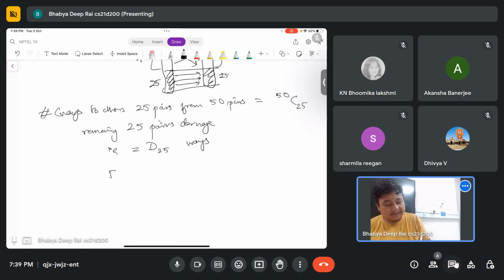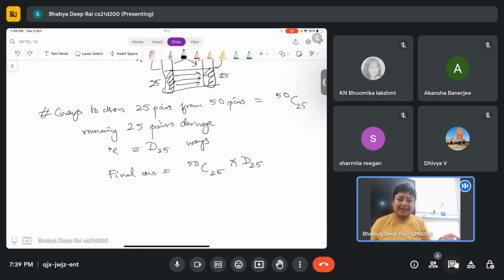So the final answer: 50 choose 25 for the correct pairs, and the remaining will derange themselves, not go to each other, in D25 ways.